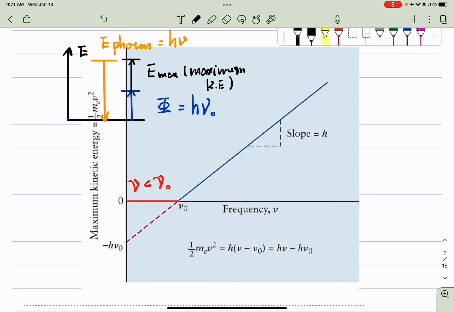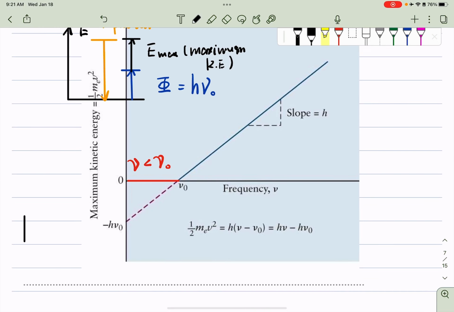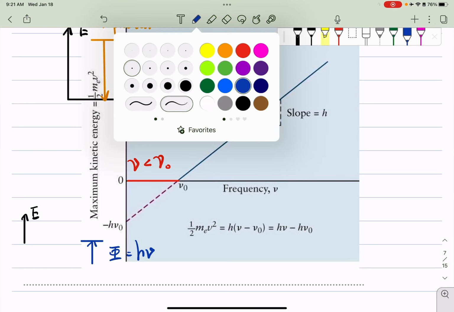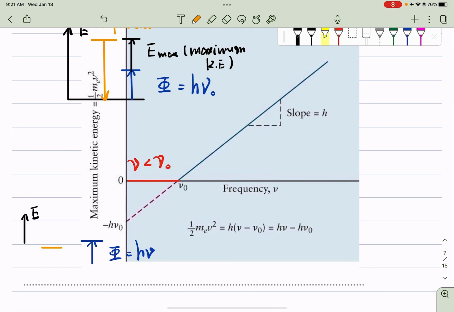So if we draw the energy diagram, the work function is a constant, but my E photon is smaller than that work function.